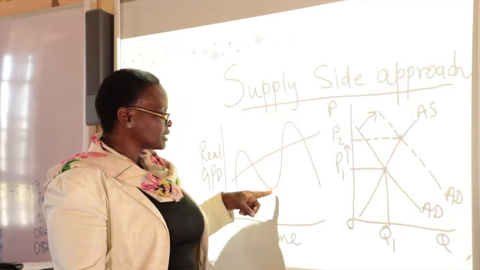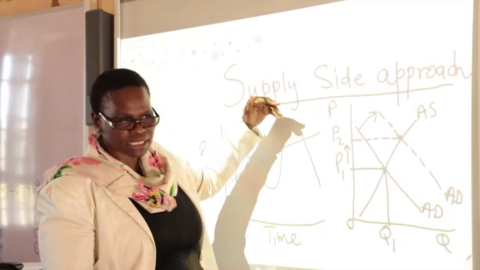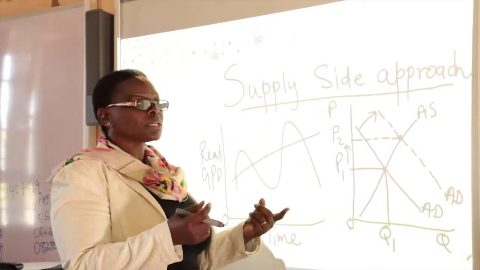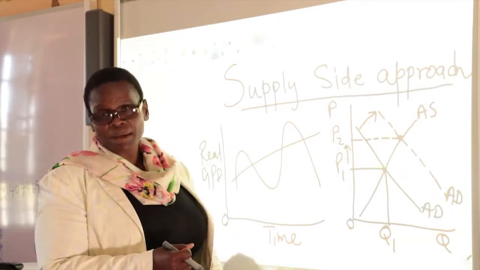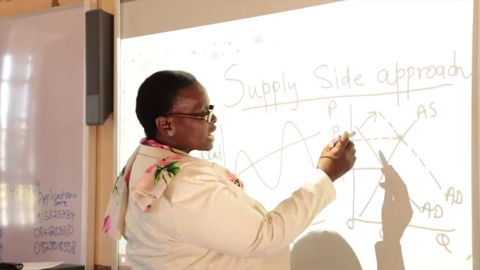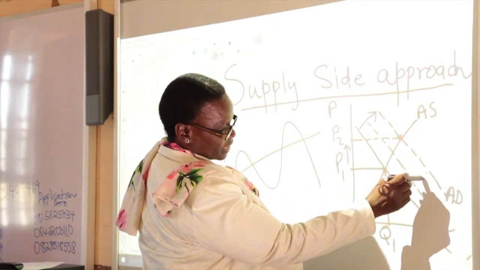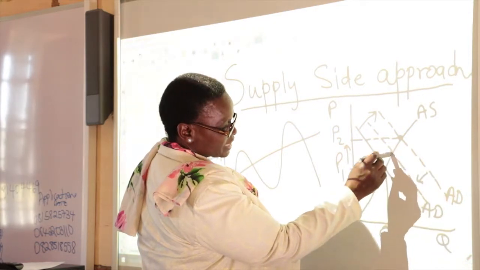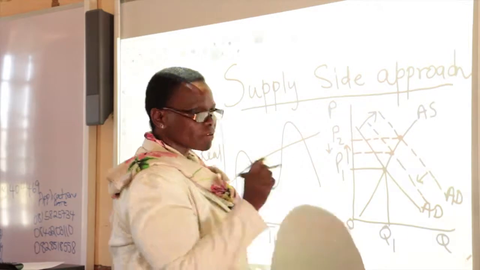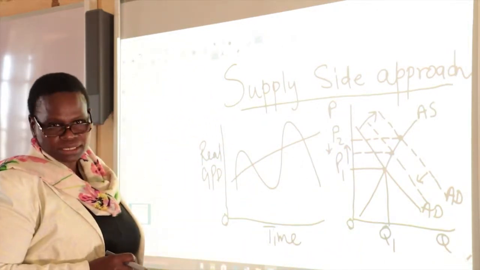For example, with the fiscal policy, taxes would now have to be increased so that the disposable income decreases and aggregate spending decreases. So aggregate demand would shift to the left, and you can see inflation, prices begin to drop.